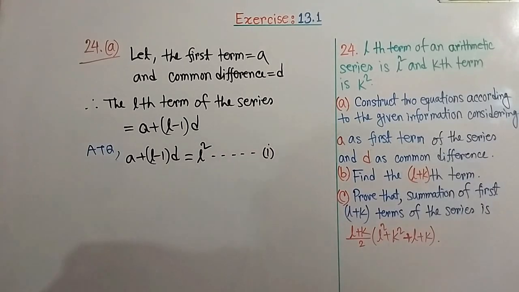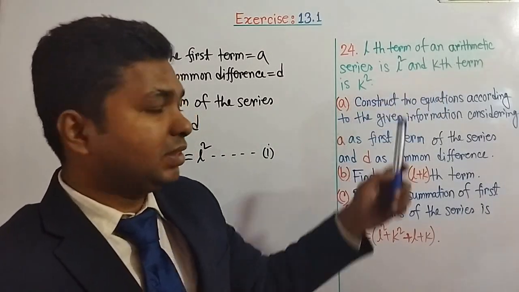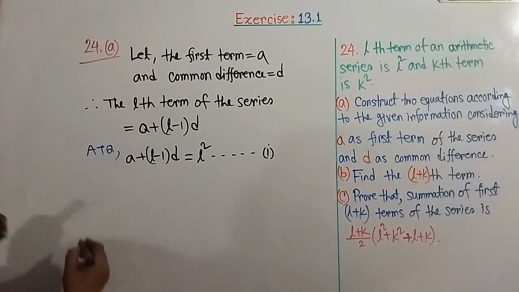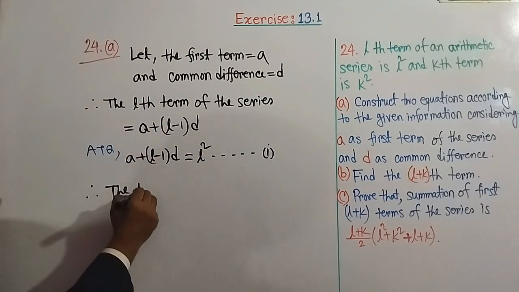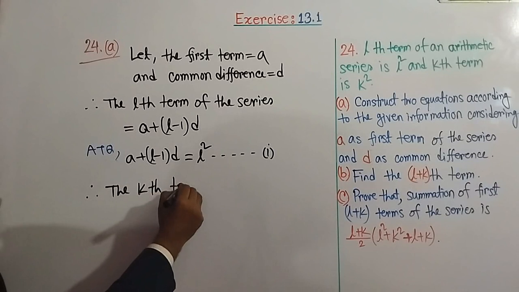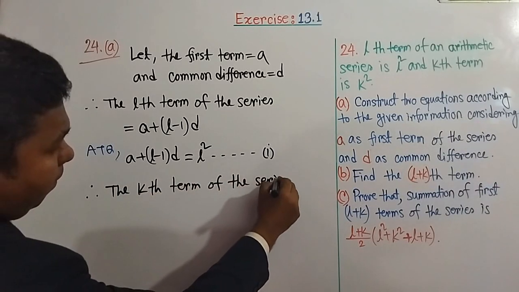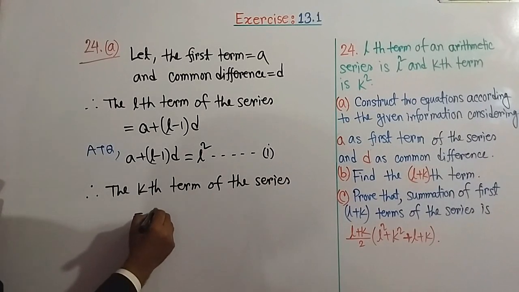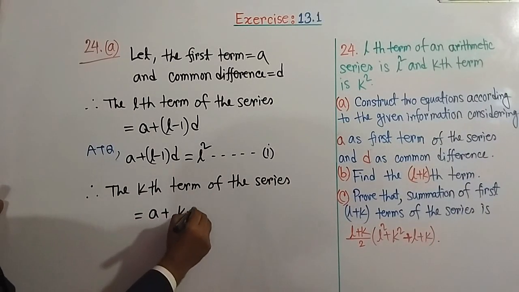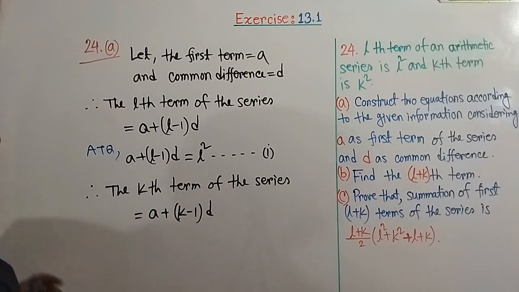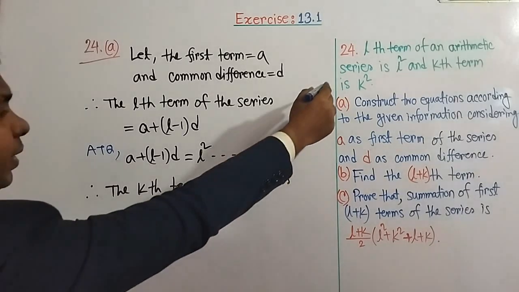Now our second condition, the kth term is k square. So the kth term of the series equals a + (k − 1)d, and the given value is k square.